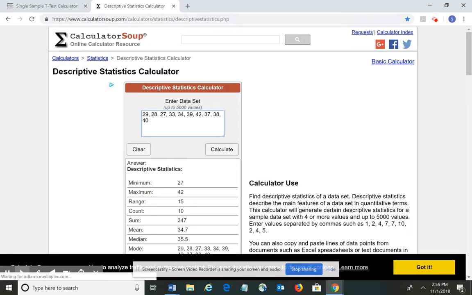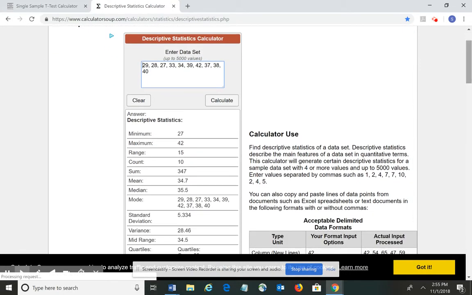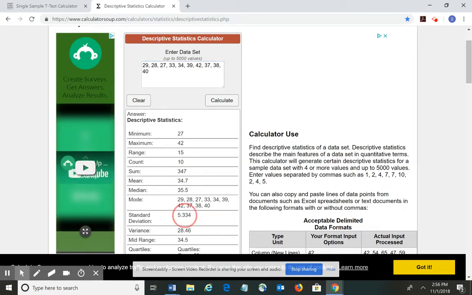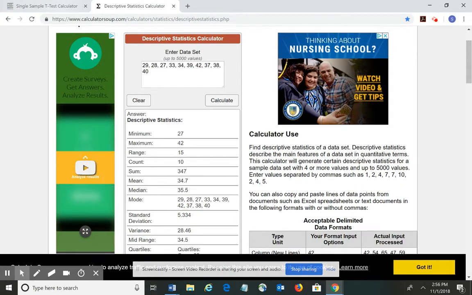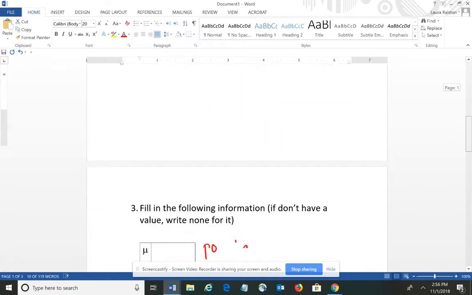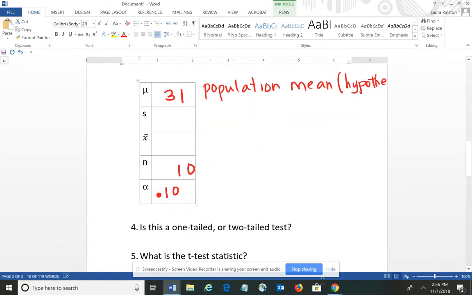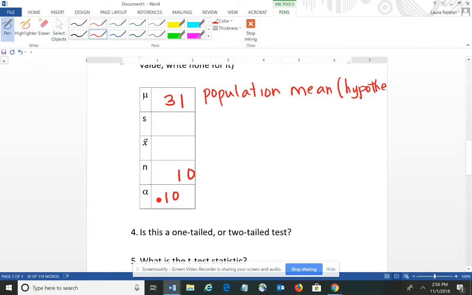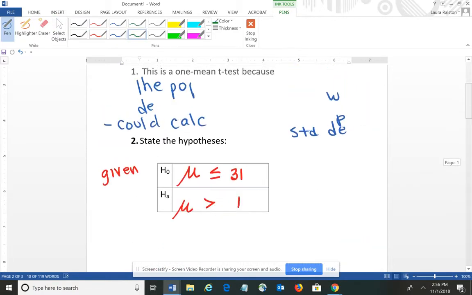When I put it into Calculator Soup, it tells me that the mean is 34.7 and the standard deviation is 5.334. So I can fill that in on my chart. My mean is 34.7 and the standard deviation is 5.334.